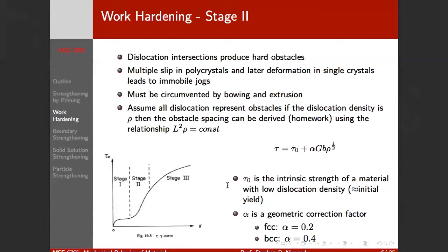Because the C plus A type defects are not nearly as mobile as the prismatic or the basal defects, right? So the same reason that gives us a stronger temperature dependence of yield in BCC and HCP versus FCC also gives us a stronger degree of strength.